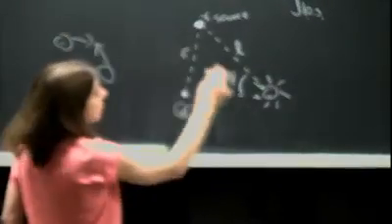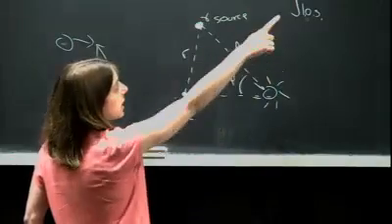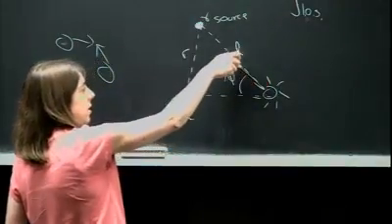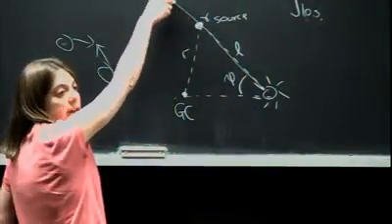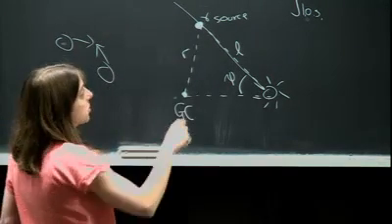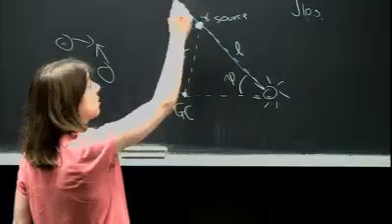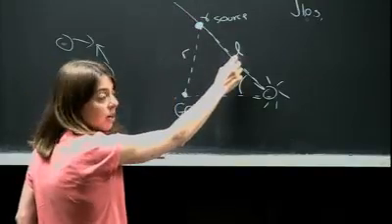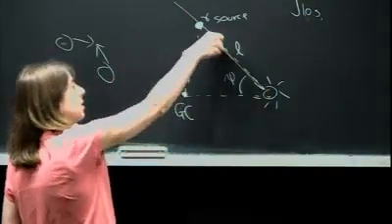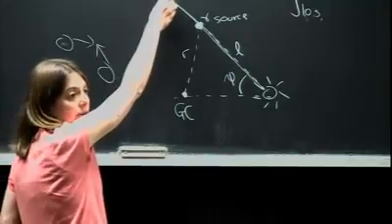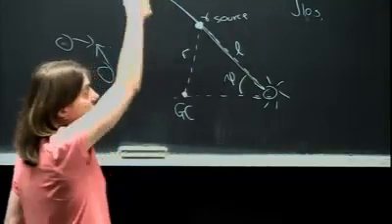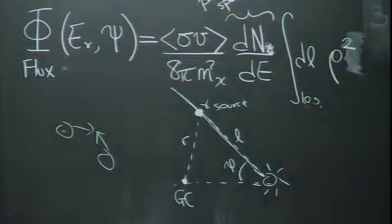When we're doing this integral of flux, we're integrating the density that we observe along this entire line. Because from our perspective, we actually don't know whether or not the gammas are coming from here, here, or here. We just know that we see it when we point our satellite in this direction on the sky. So that's why we have to do the integration over the entire line of sight.